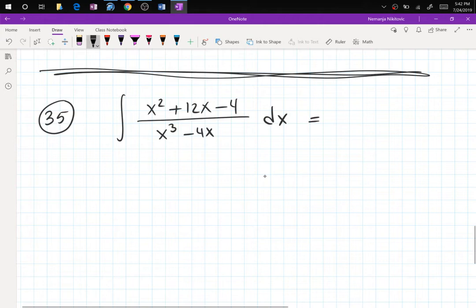What is the derivative of the denominator, and is it up here? Well, the derivative is 3x squared minus 4. No, it's not up there. So tough luck, we can't use u-sub. We are stuck with partial fraction decomposition.